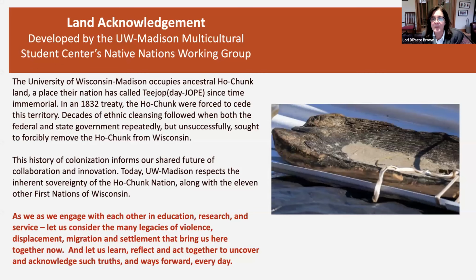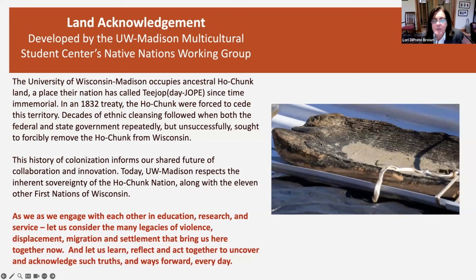I want to begin by doing a land acknowledgement. This has become a practice around the world, but I know many international partners here might not be familiar with it. We like to make sure that we acknowledge the history of the land that we're on. I am here at the University of Wisconsin. I'm in my home right now, and both UW and my home are on Ho-Chunk land.